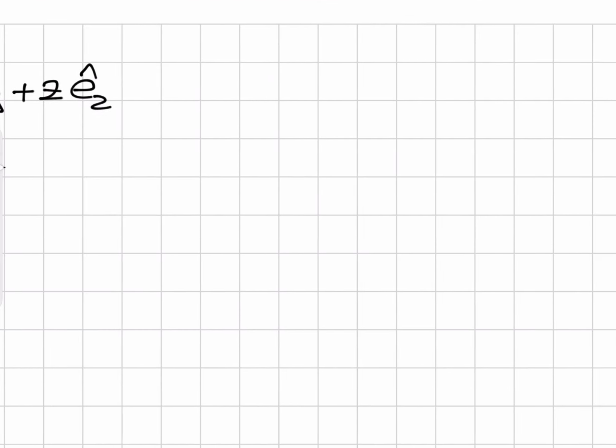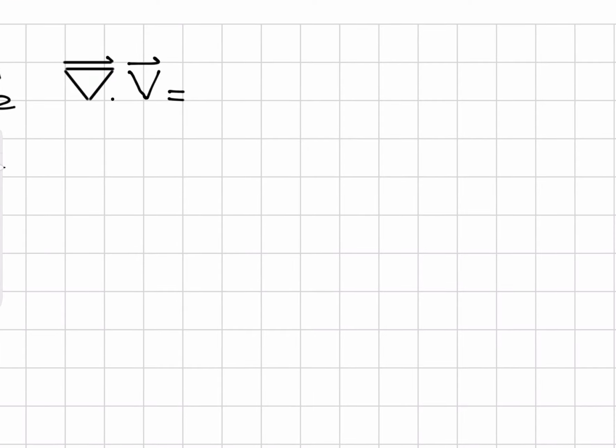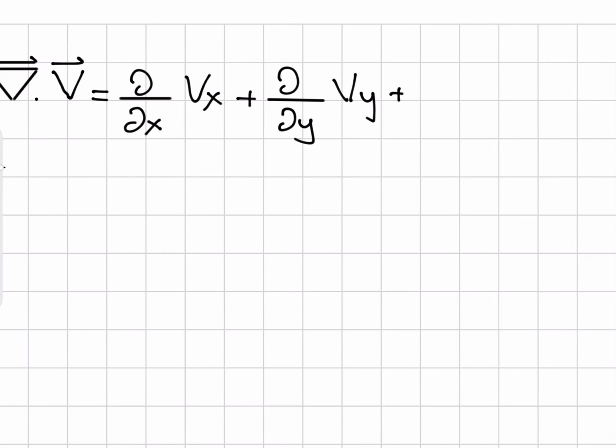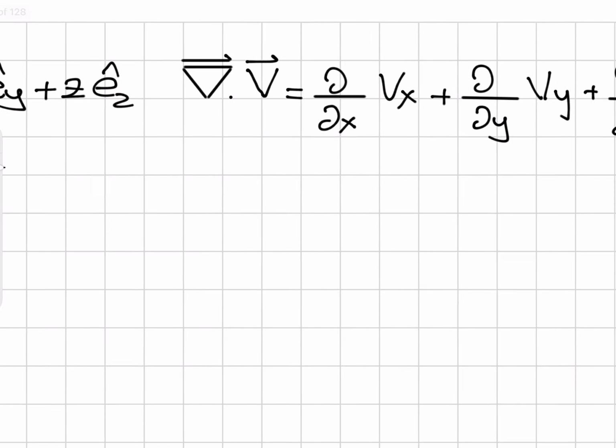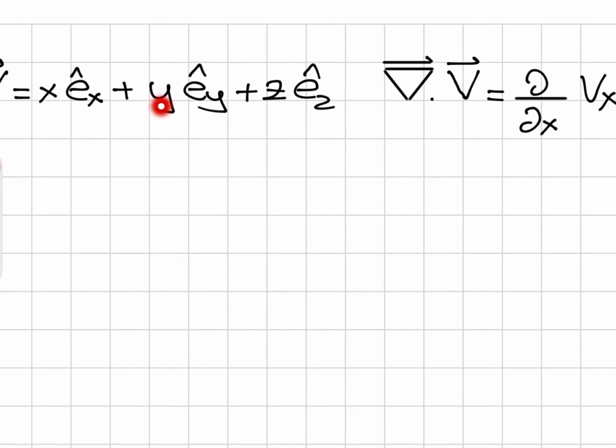And we can look at the divergence of V, which is the partial derivative with respect to x of the x component of V, plus the partial derivative with respect to y of the y component of V, plus the partial derivative with respect to z of the z component of V. If I look at the partial derivatives here, this is 1, this is 1, this is 1.